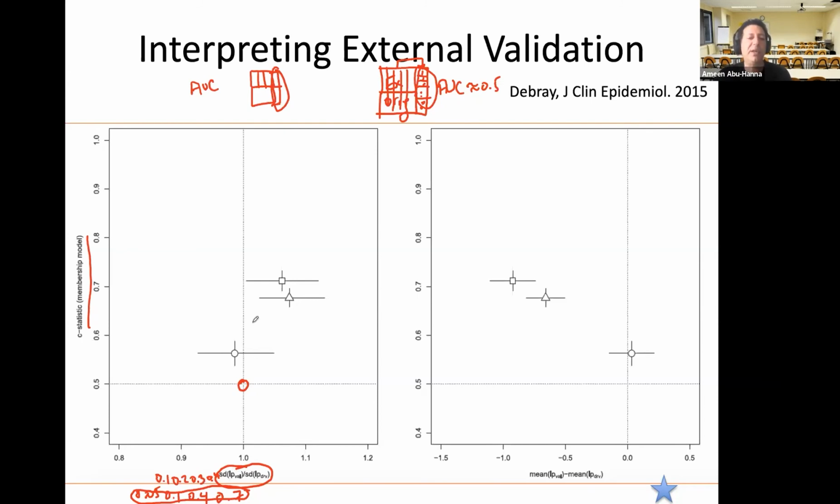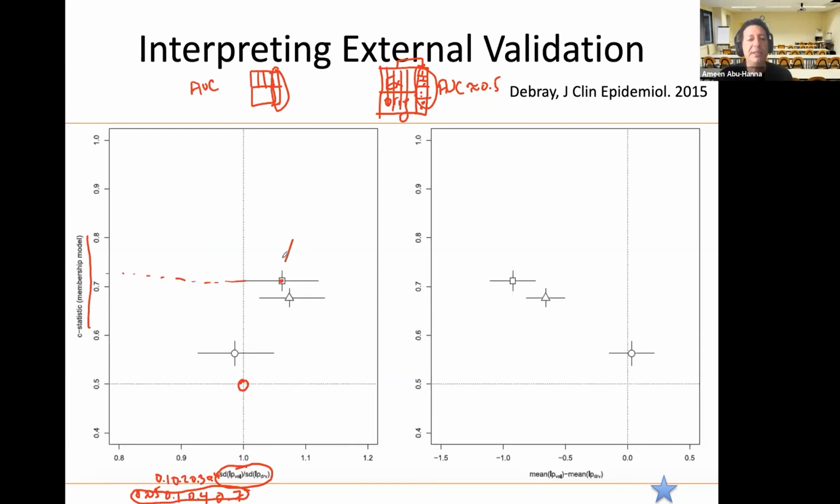So for example, if you look at this new study, it means I have a new data set here, the external one. And I plot it here, and I have some measures of error bars, the confidence around it. But the AUC is relatively high, which means, okay, what do I learn from this?